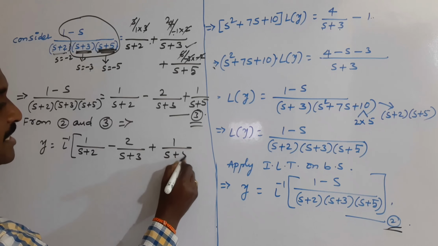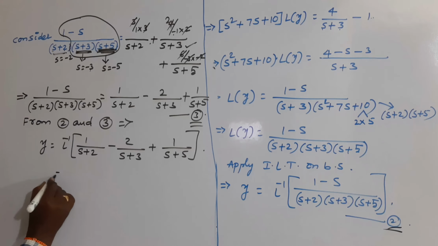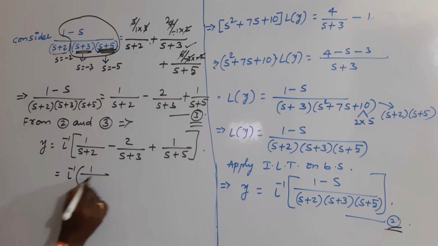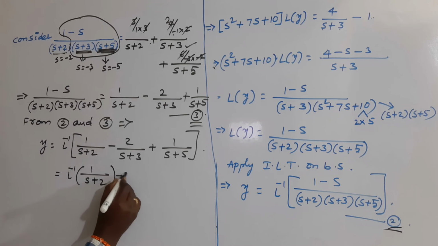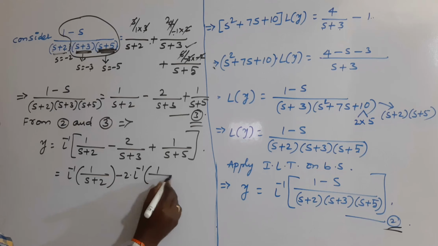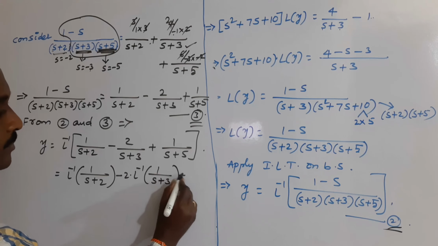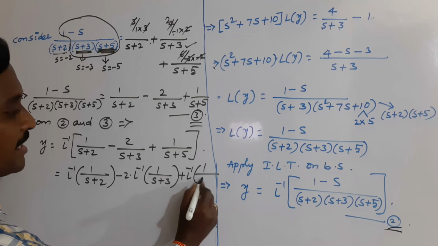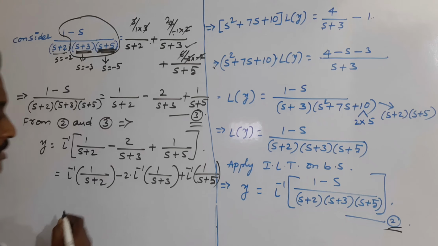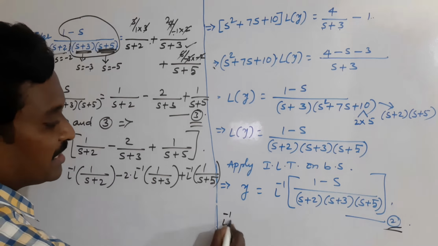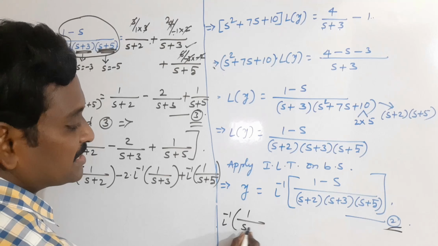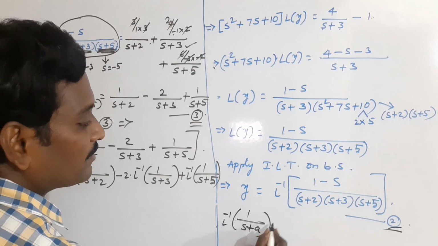Now separate the terms and calculate the inverse Laplace transformations. So L inverse of 1 by S plus 2 minus 2 into L inverse of 1 by S plus 3 plus L inverse of 1 by S plus 5. So clearly all are in the form of L inverse of 1 by S plus a. What is the formula for L inverse of 1 by S plus a?